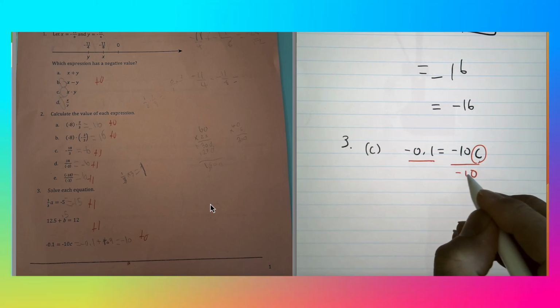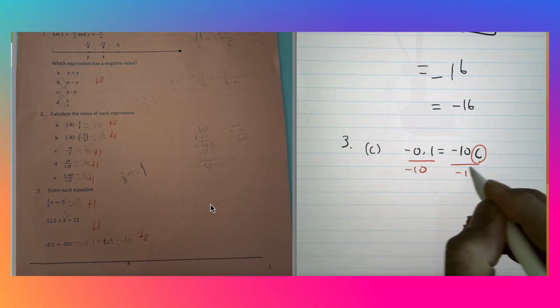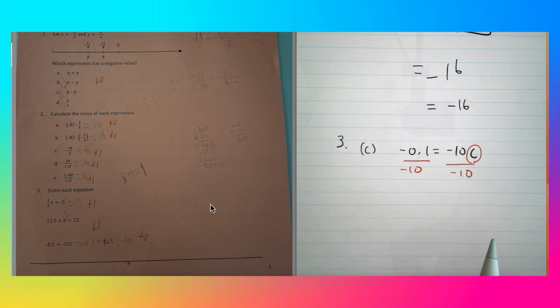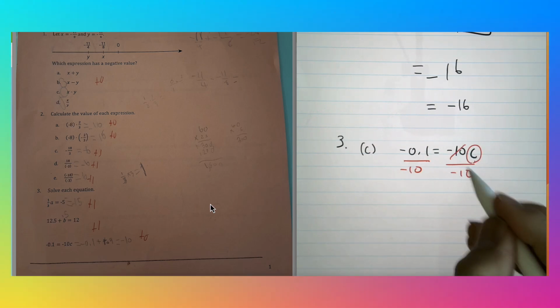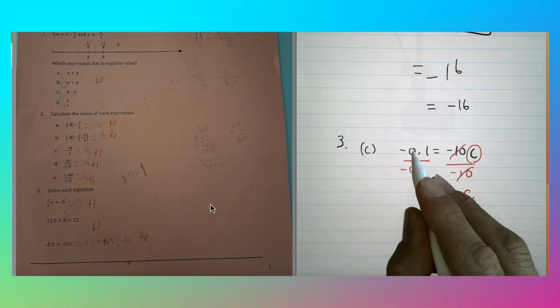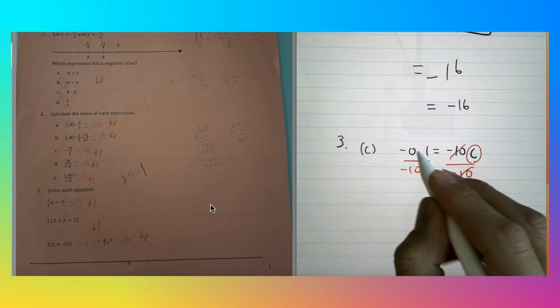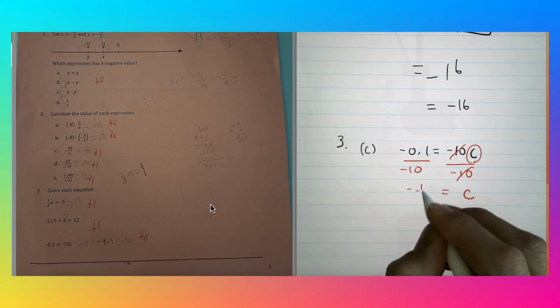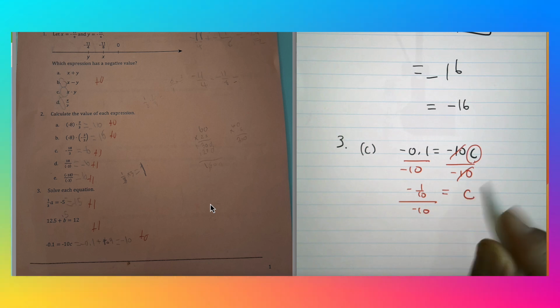So negative 10 over negative 10, but you can't just satisfy one side's condition here. You have to satisfy both sides of the equation. So negative 10 cancels, so you get C is equal to, now here's the tricky part, a decimal over a fraction. One thing I can do is convert 0.1 to 1 over 10, and I have negative 10 here.